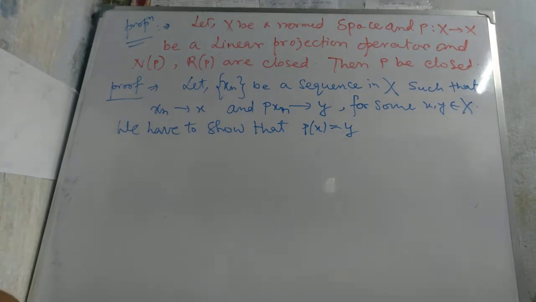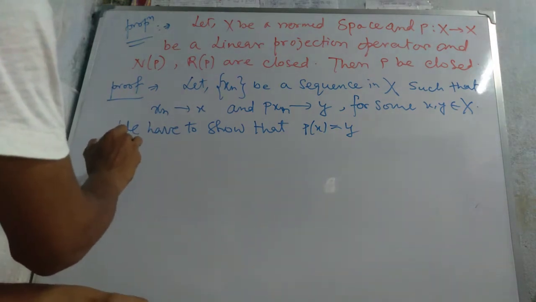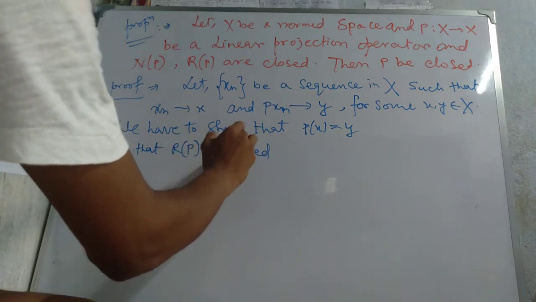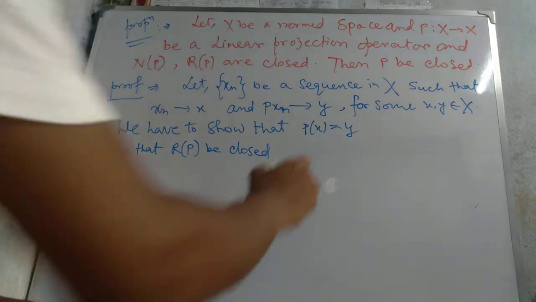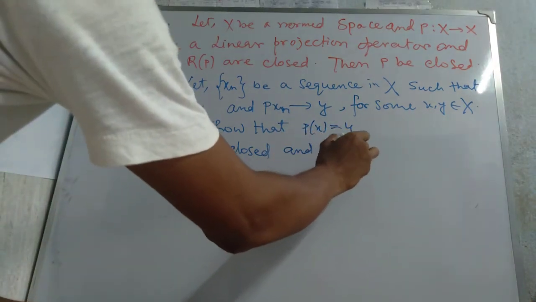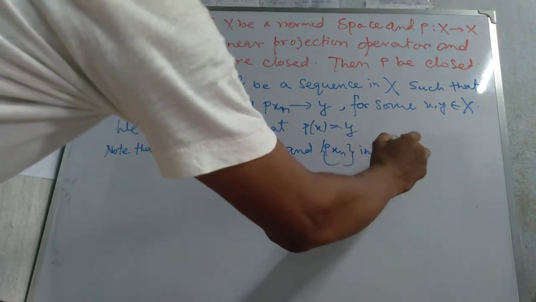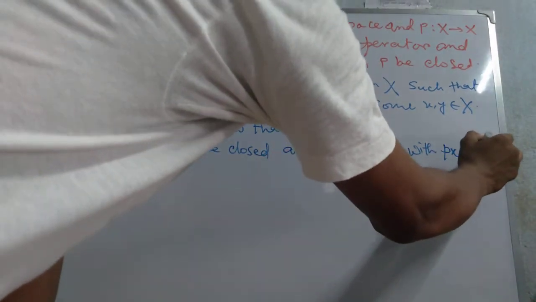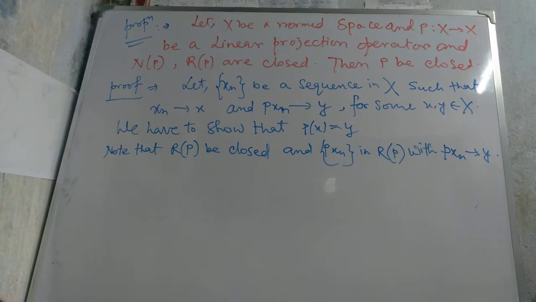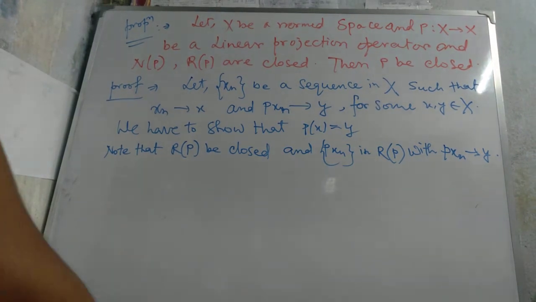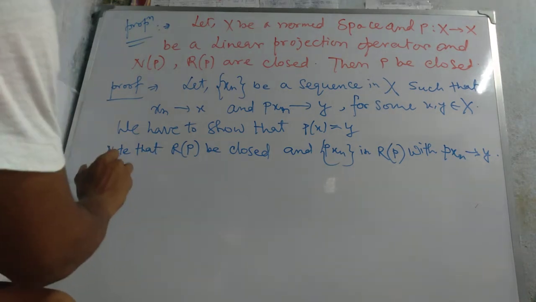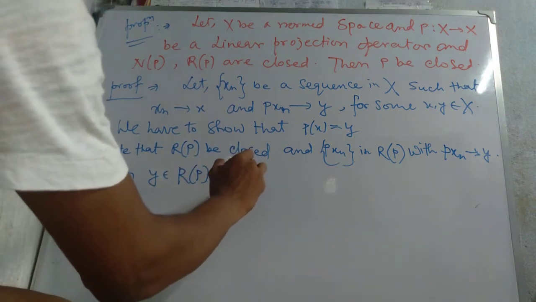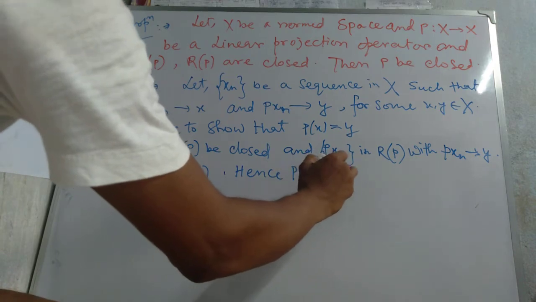Now note that R(P) is closed, and Pxn is in R(P) with Pxn converging to y. Then y belongs to R(P), hence Py equals y.